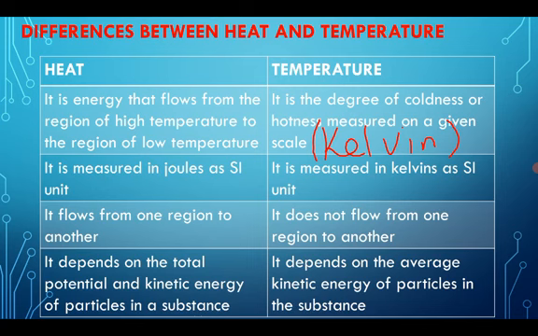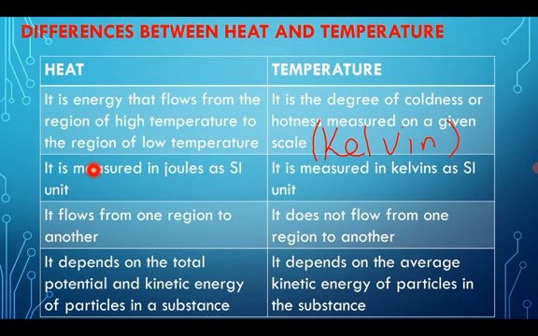Such a scale can give you the degree of coldness or hotness of a substance. So in short, heat is energy that flows from the region of high temperature to the region of low temperature, and temperature is the degree of coldness or hotness measured on a given scale.